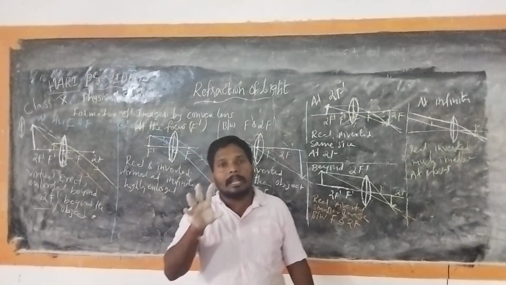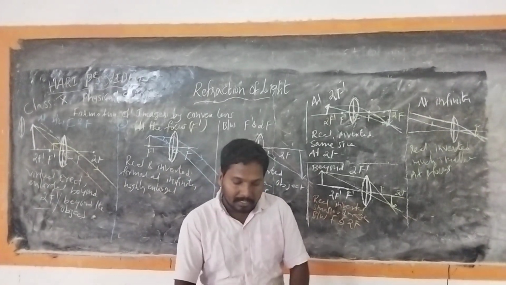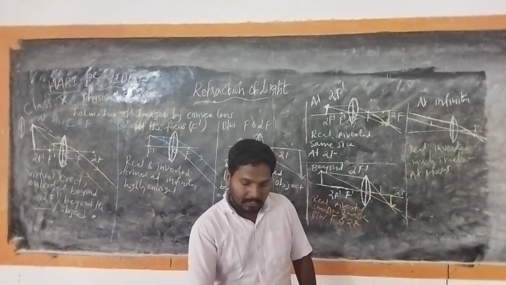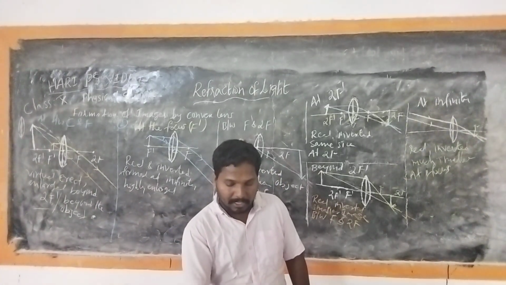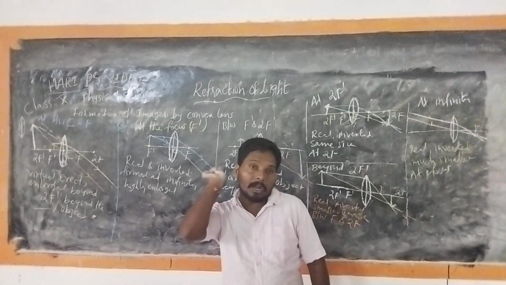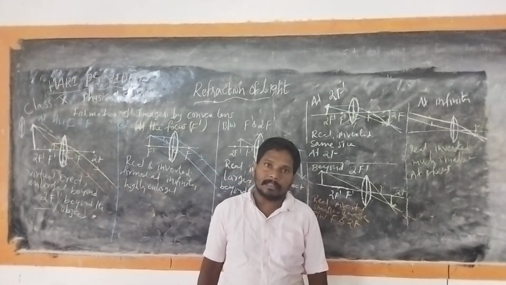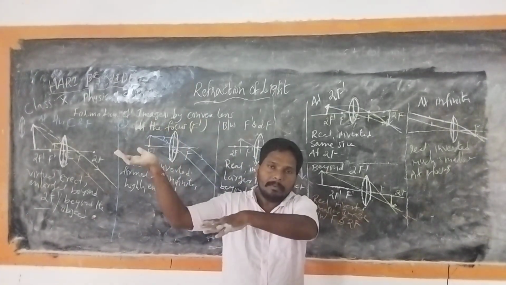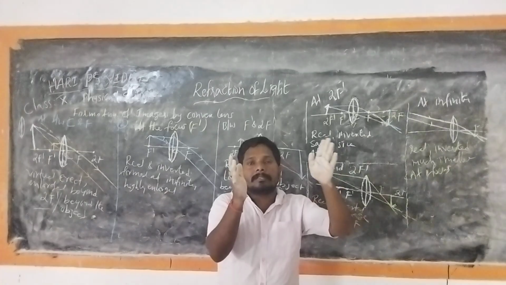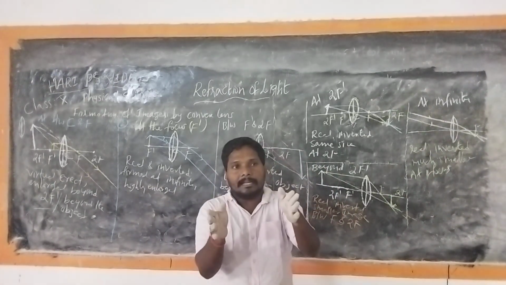To know the focal length of a convex lens, when the object is at infinity, the distance of the image from the lens will be equal to the focal length of the lens. If the object is placed at infinity, it forms an image at a certain distance.